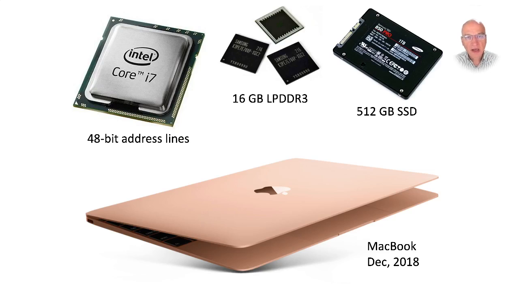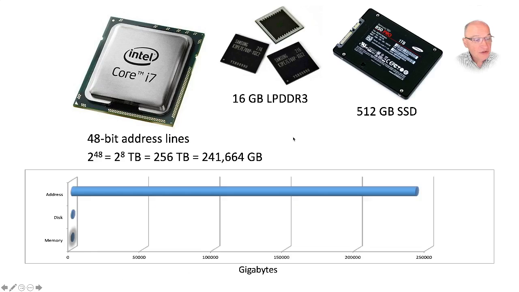So if you look into that, and we consider the address space, that is the number of possible memory addresses that I can access based on the number of bit lines that I have, and I compare that with the number of bytes that I can store in memory and the number of bytes that I can store in disk, and I put this in a graph so that I have a visual comparison of those three, what I'm going to see is this.